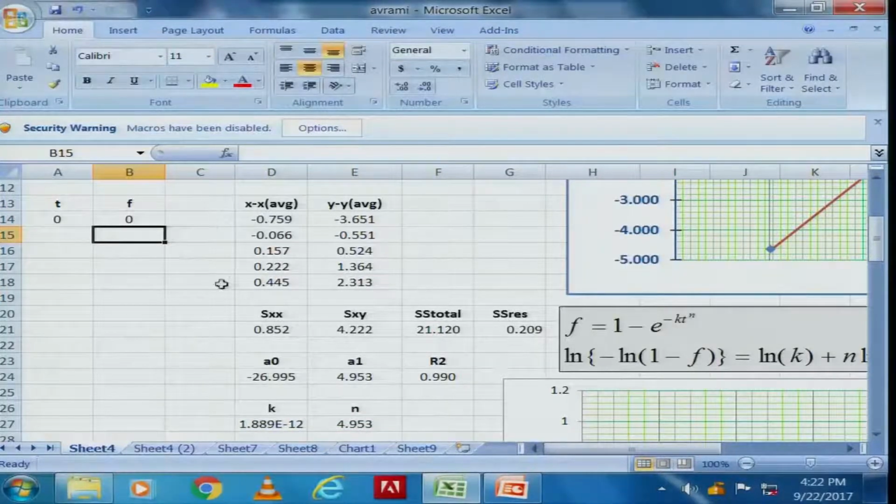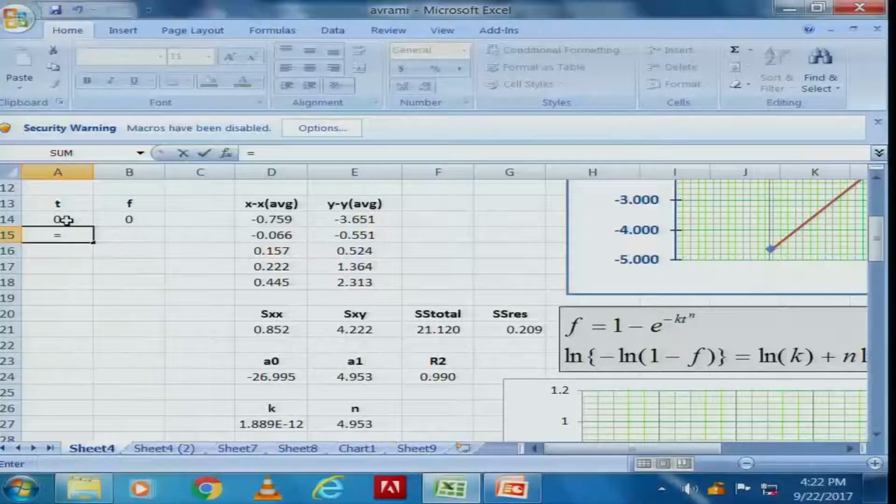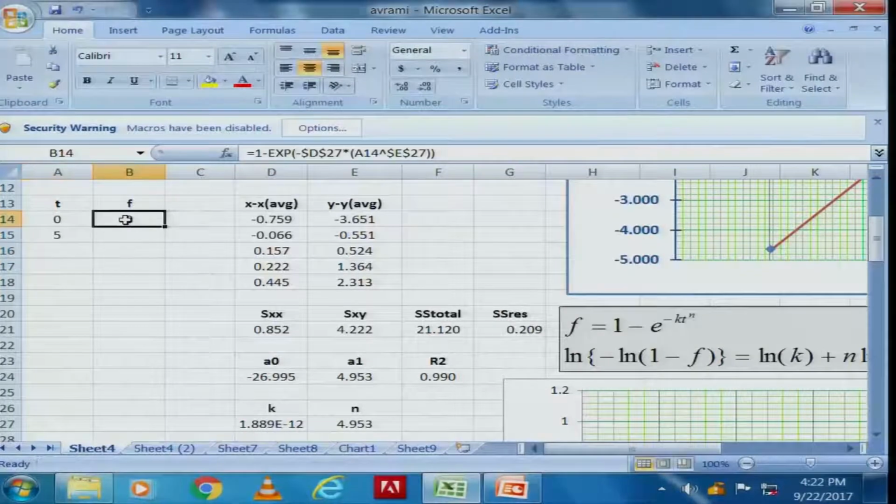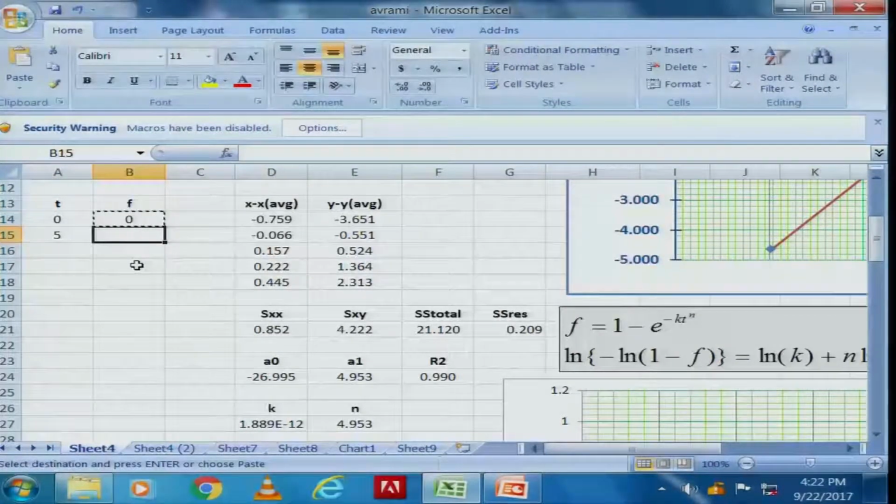So, obviously, for time t equal to 0, I must get 0, and let me increment the time by 5 seconds each time. So, for 5 seconds I will copy this formula to cell B15 and I get a fraction transformed, which is a very small value.